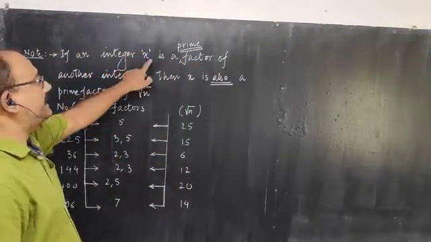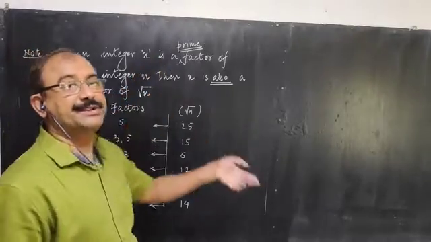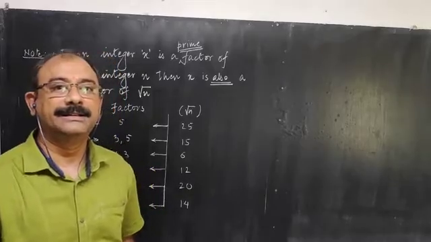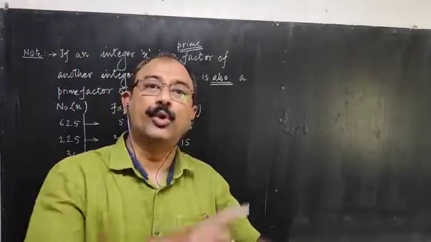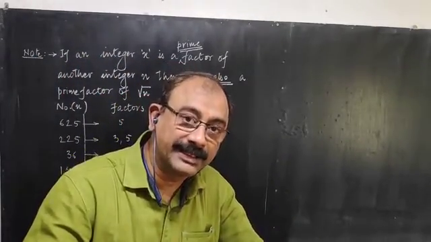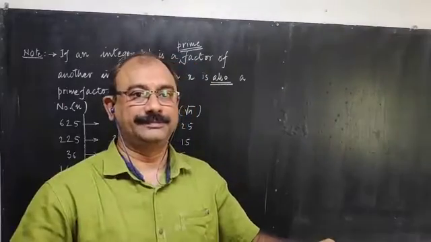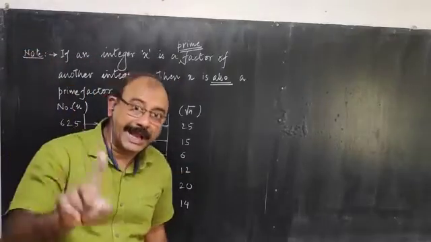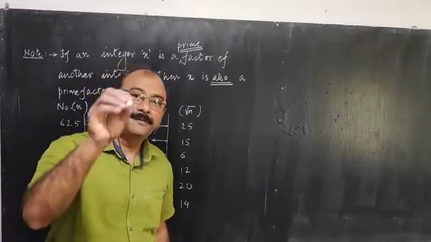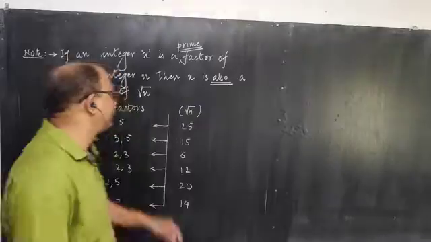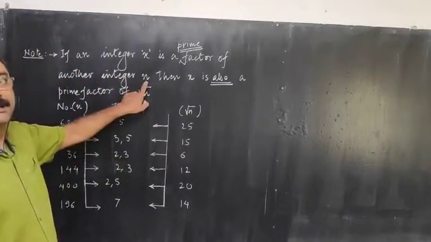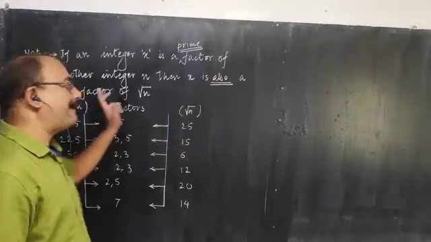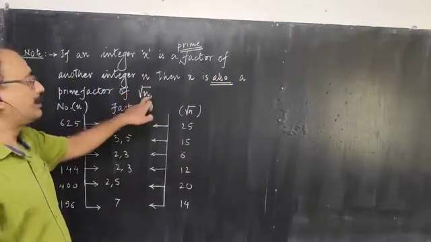If an integer x is a prime factor of another integer n, then that number x is also a prime factor of the square root of n.